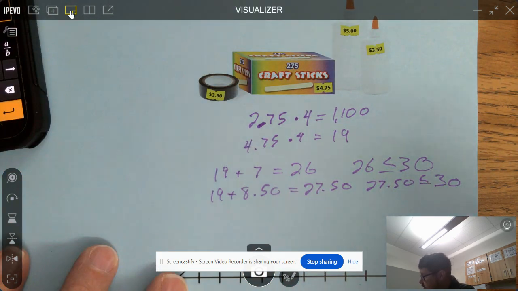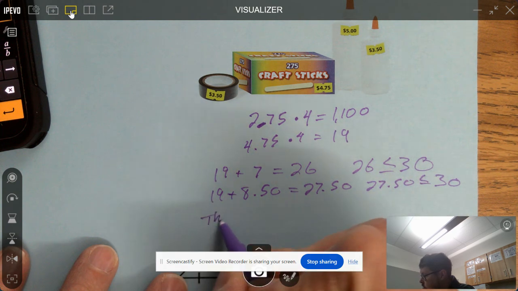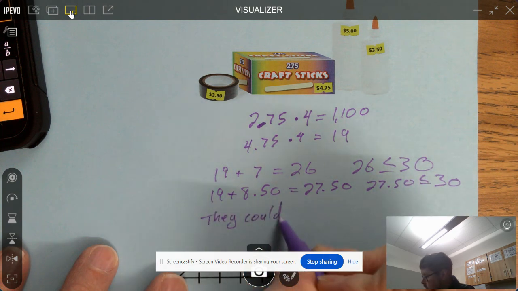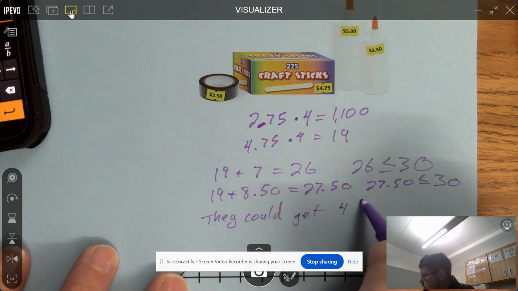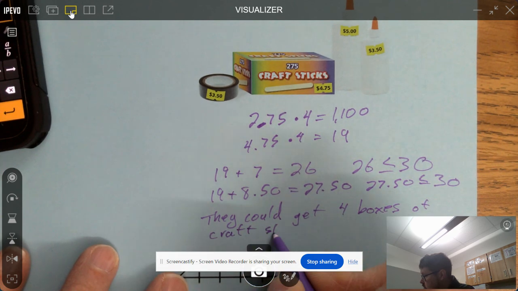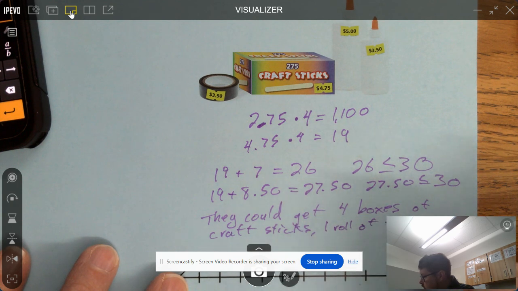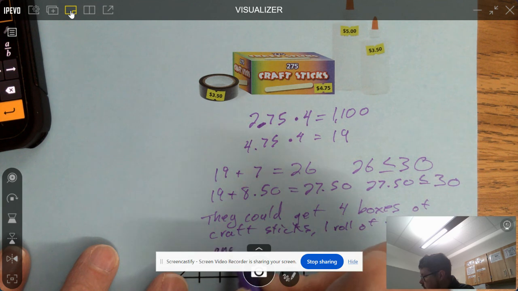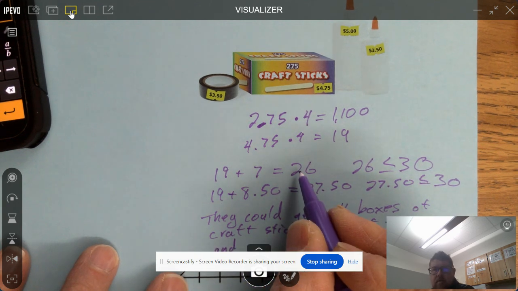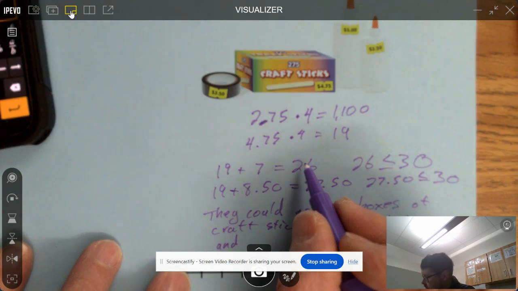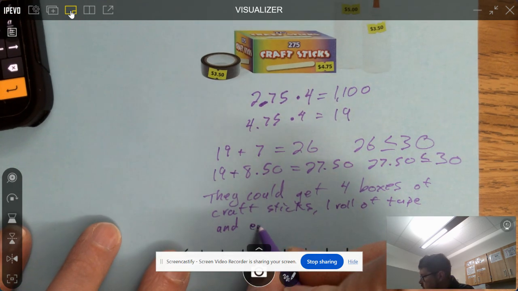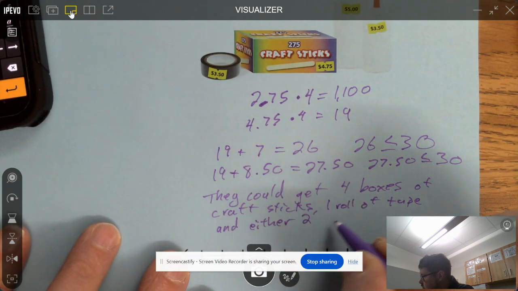So they could get 4 boxes of craft sticks, one roll of tape, and honestly, 2 small glues, because that would bring it up to 29.50, either 2 small glues or 1 large glue.